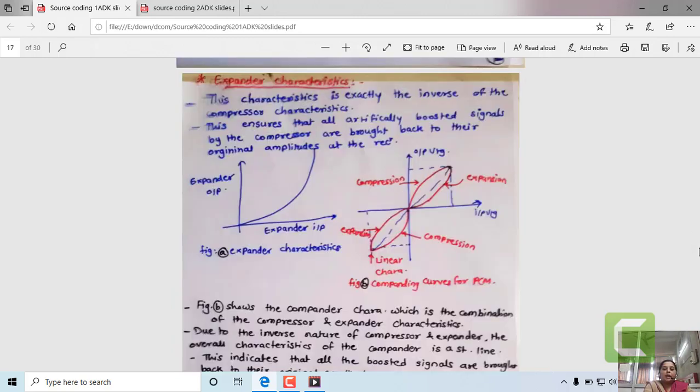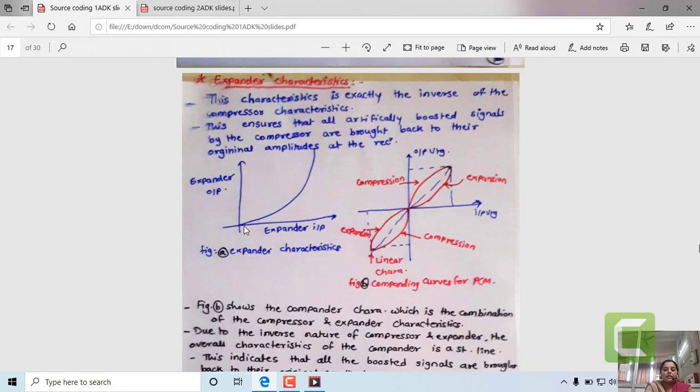Alternatively, in the expander characteristic, what we can see is that this expander ensures all artificially boosted signals are compressed back to their original levels. So here, suppose in this characteristic the expander input is originally low, then the output has to get increased.